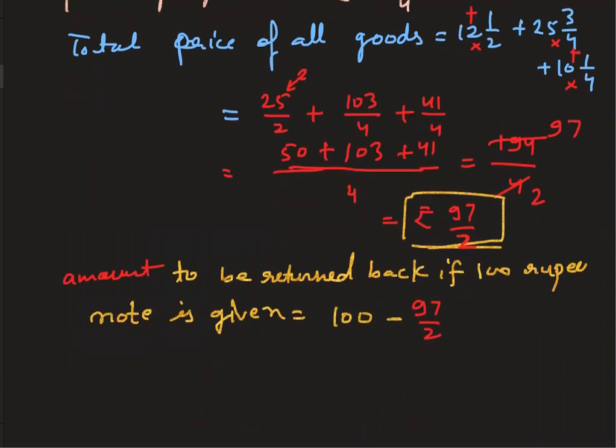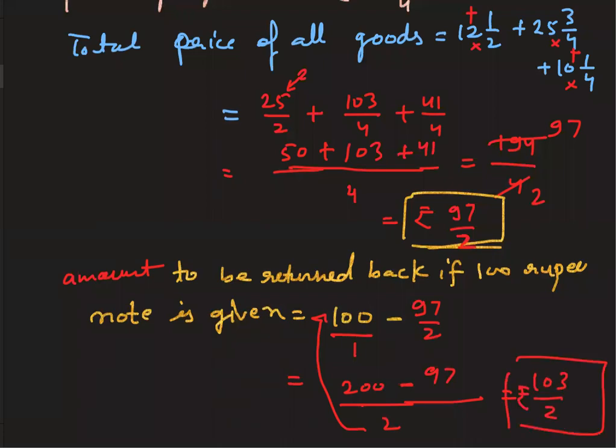So students, now tell me, you will take 1 in the denominator and LCM of 1 and 2 is 2. देखो जब भी डिनोमिनेटर में 1 होगा ना, आप LCM को डायरेक्ट न्यूमरेटर से मल्टीप्लाई कर सकते हो. तो 2 into 100 is 200 minus 97. So your answer is 103 upon 2 rupees.